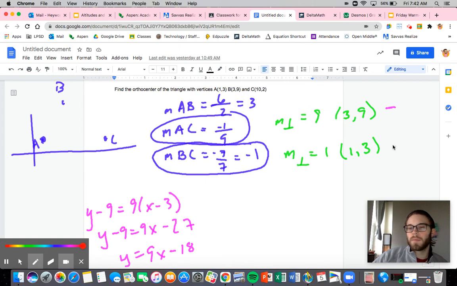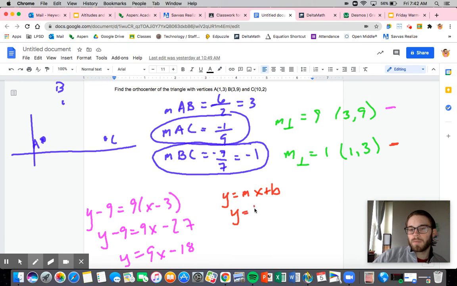In this other one, I'll do red. This one I'm going to solve for b. So y equals mx plus b. We know m is 1, and now I'm going to put in the point 1, 3.